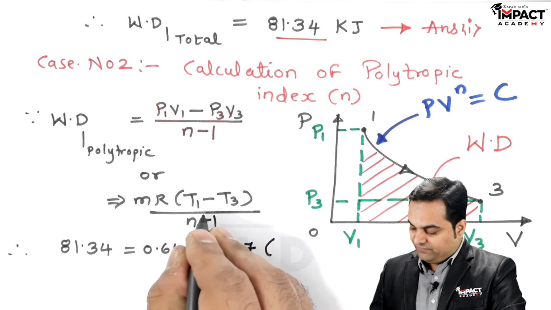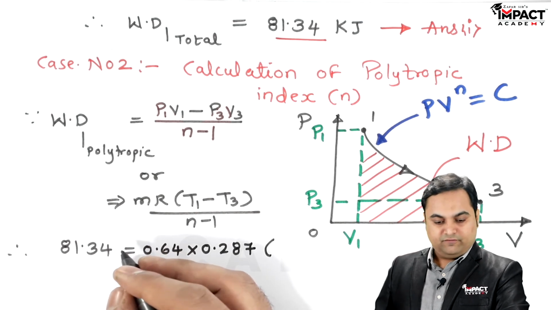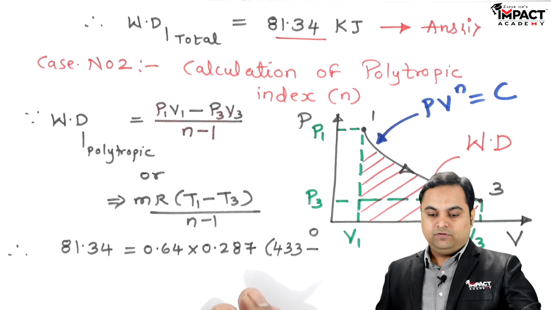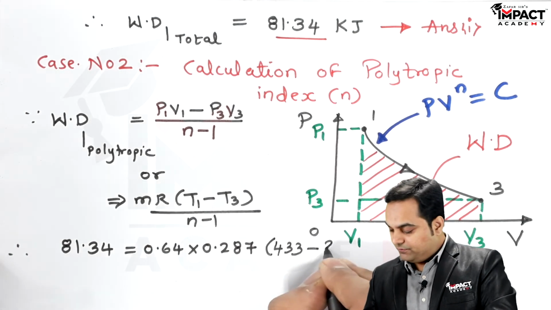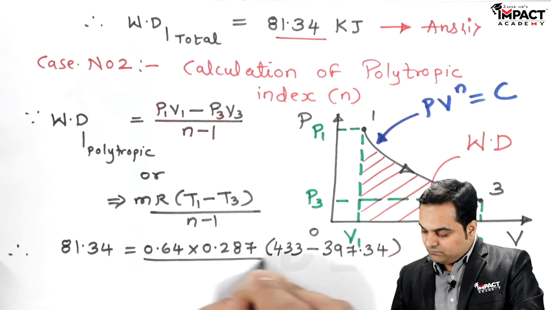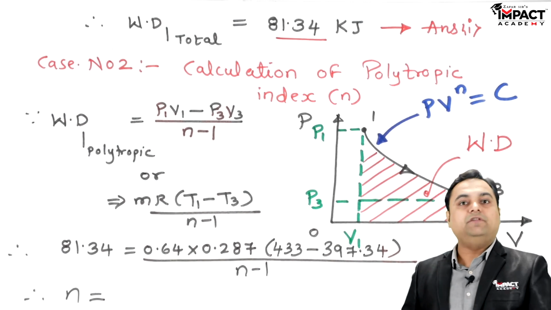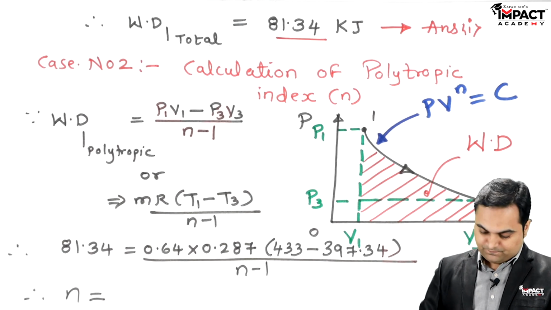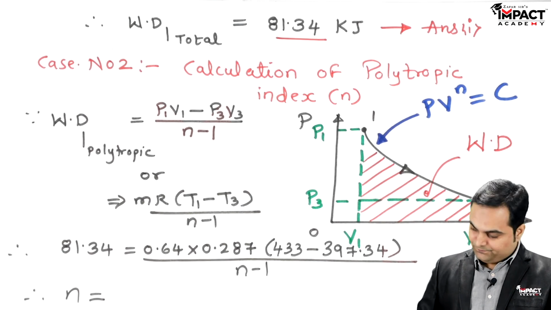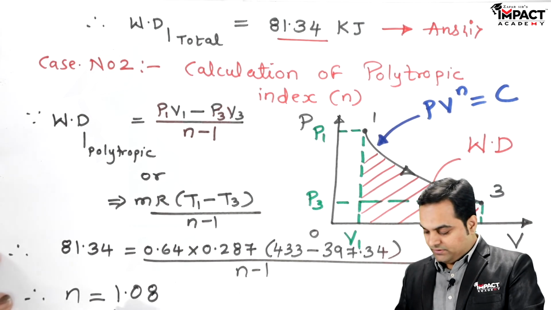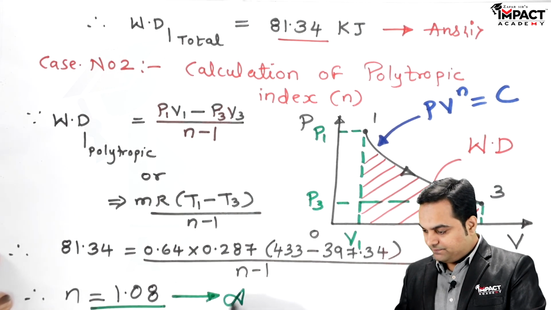Then T1 value was 433 minus T3 value, which was 397.34, upon n minus 1. So from this the value of n will come out to be 1.08. That is the answer for the polytropic index.